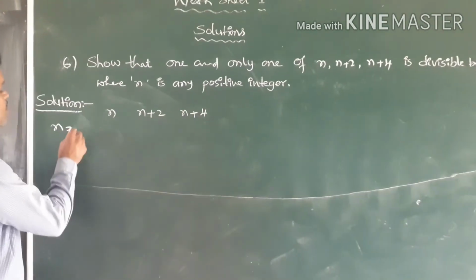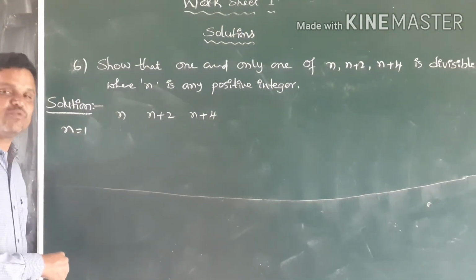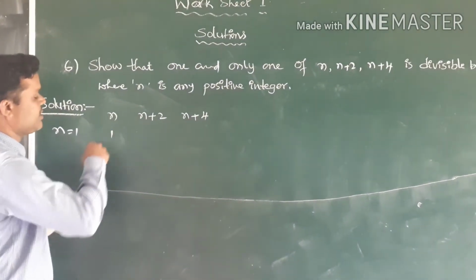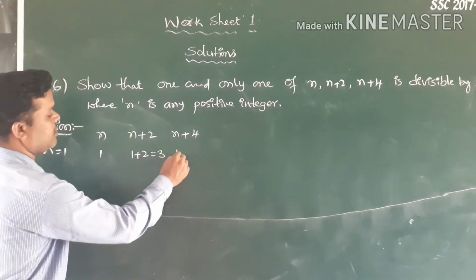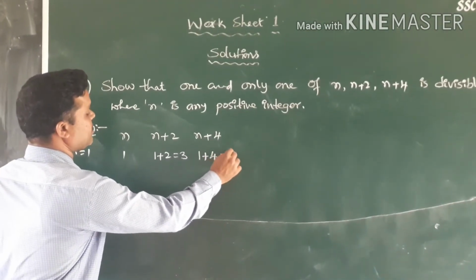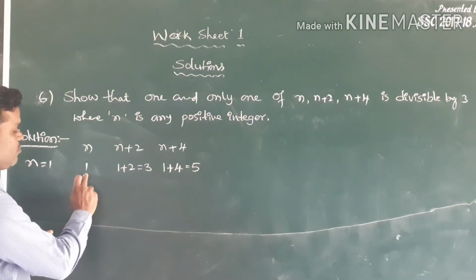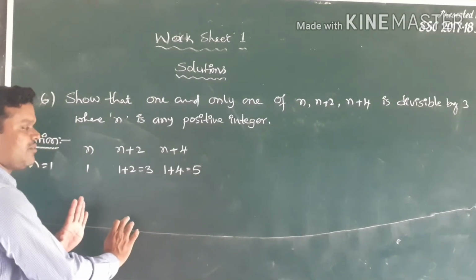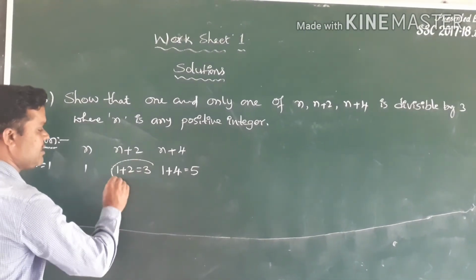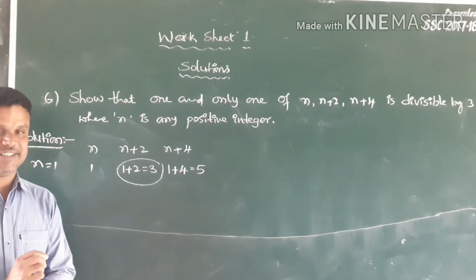Positive integers start from 1. Now let us substitute n is equal to 1. 1 plus 2 equal to 3, 1 plus 4 is equal to 5. If you see 1, 3, 5, among these 3 numbers, only 3 is divisible by 3.